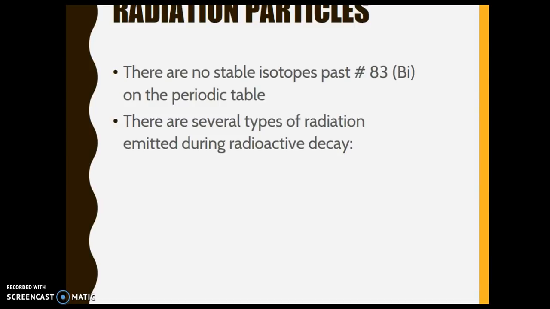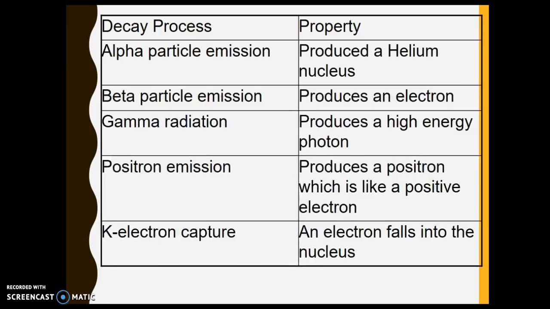Now, there's different types of radiation that occur, and that's what we're going to be going through in the next few slides. We're going to skip half-life for today. So here are the 5 different types of radiation. The first is alpha particle emission. The main property there is that your products are helium nucleus.